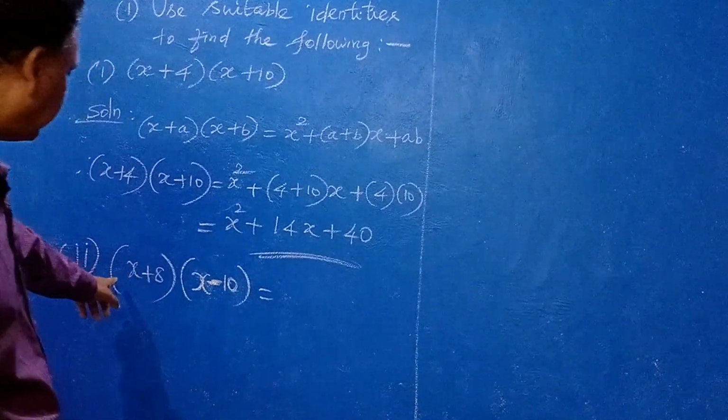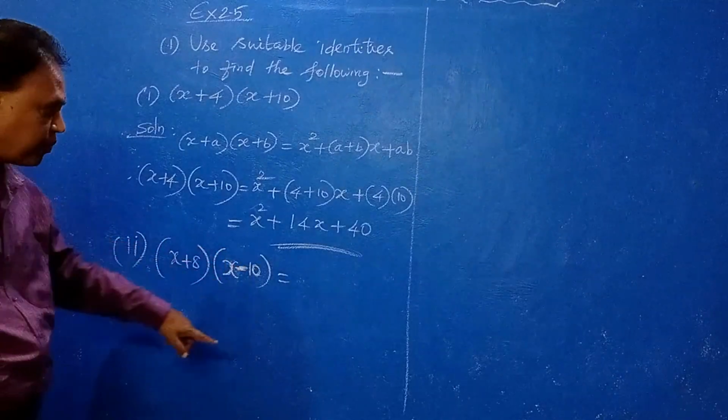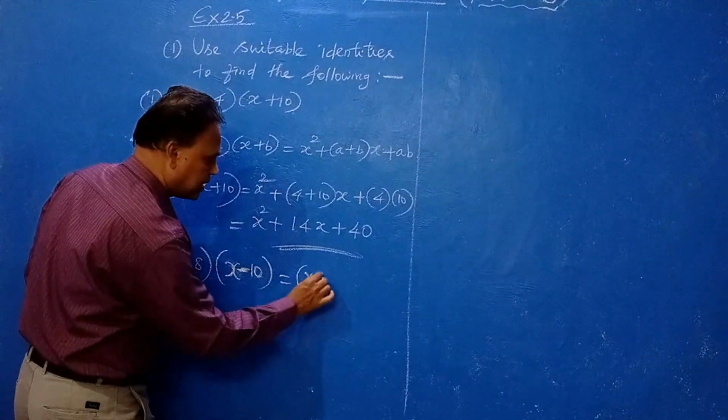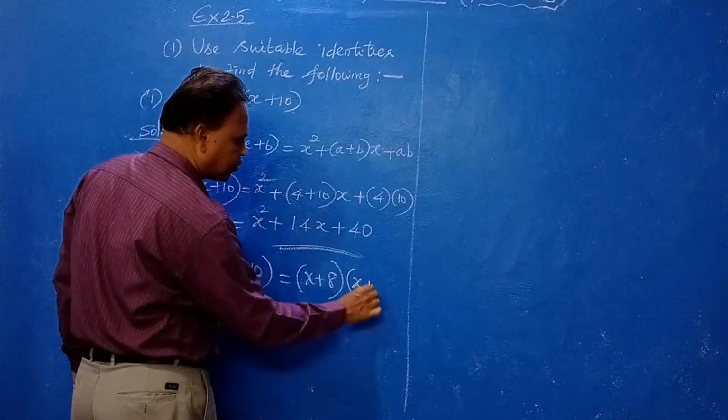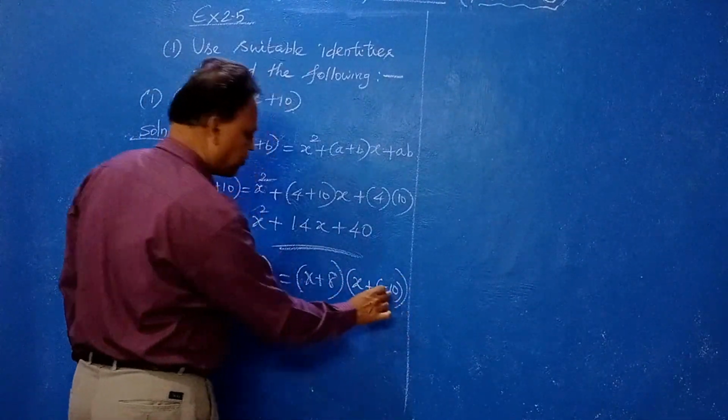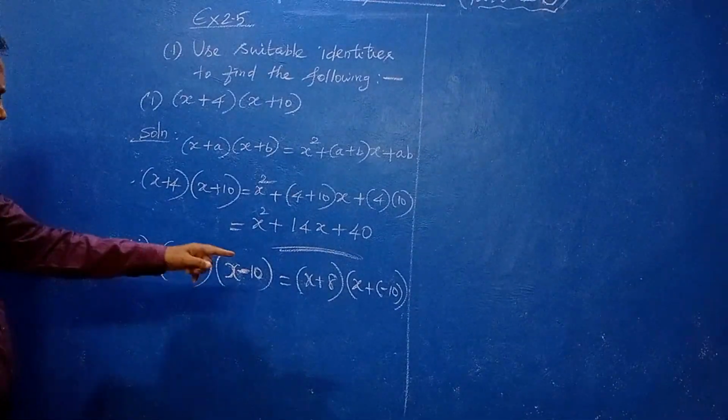Next also, you have to make the form x plus a into x plus b. Here a is 8 and b you can write as x plus of minus 10. So b is minus 10.